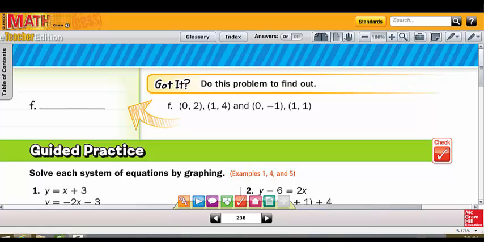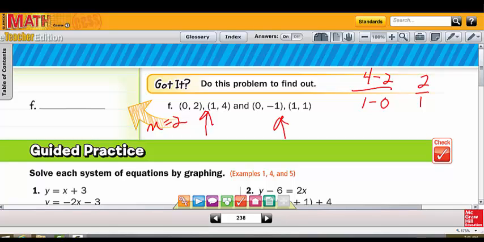Okay, for letter F, we need to first of all find the slope of this set of points. So we're going to go 4 minus 2 over 1 minus 0, which is 2 over 1. So that's the slope of this one, m equals 2. And then we're going to find the slope for this one.